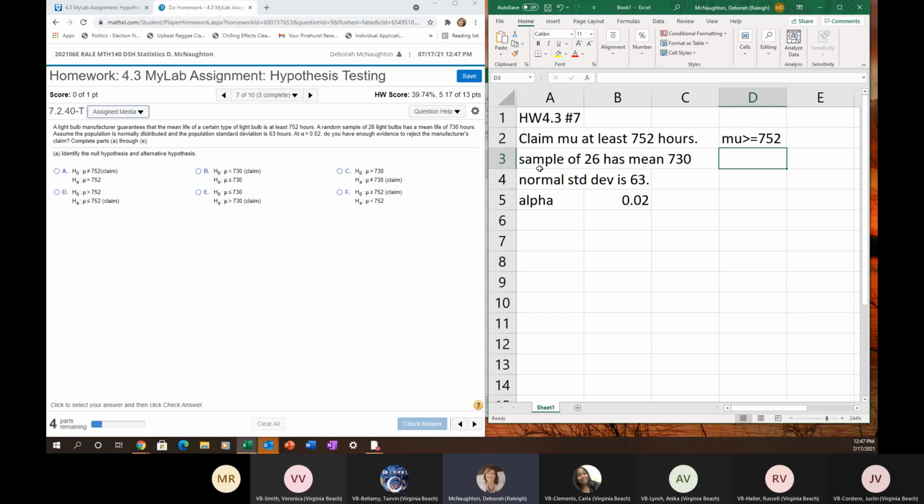Okay, and then it says we have a sample of 26. So this tells me that N is 26 and the mean is 730. So that's my X bar, because that's the mean of my sample. So X bar is 730. And then the standard deviation is 63. So that is my S is 63.